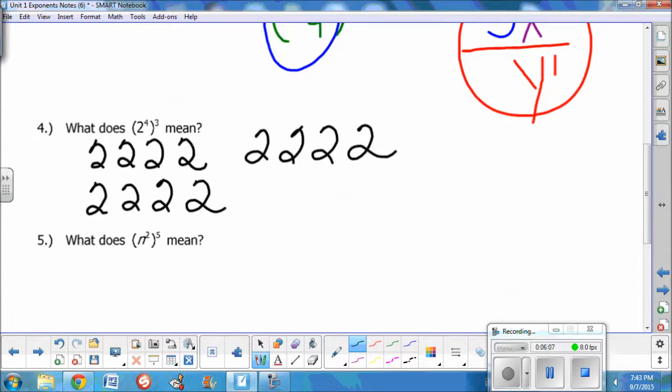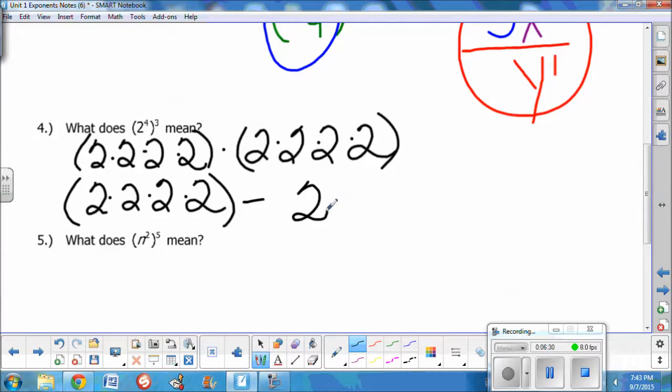Okay, it means 3 groups of 2 to the 4th. So what do we do when we have one big multiplication problem all along? That's all we have to do is add those exponents, and they all have an exponent of 1. So what is our base? Our base is 2, and we have, if you count all those up, 2 to the 12th.